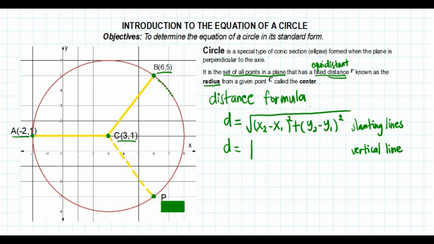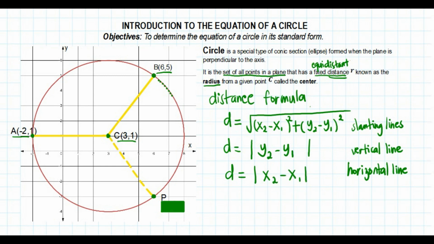The absolute value of y sub 2 minus y sub 1 and the distance para naman sa horizontal line ay x sub 2 minus x sub 1. Bakit?